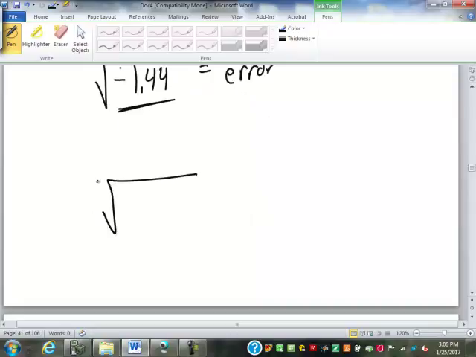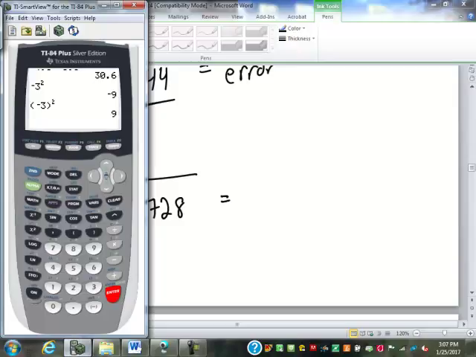If I want to do the third root of a negative 1.728, what are we going to get? Well, it's a third root, so I can do a negative number. Now, a lot of you, your X root key is going to be above your power key. So you would type in 3, then you have to do second, and then hit your power key.